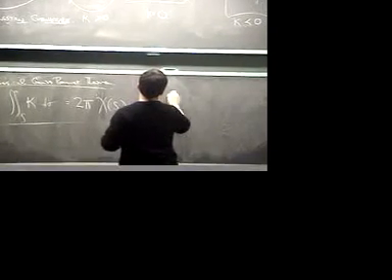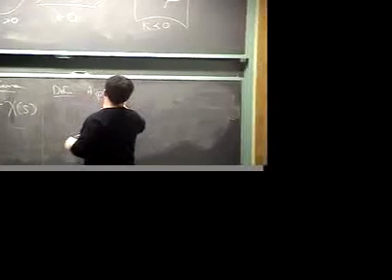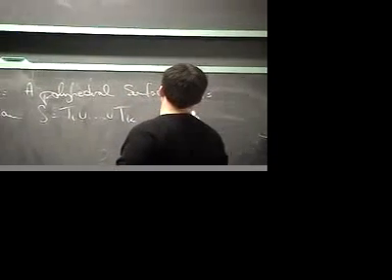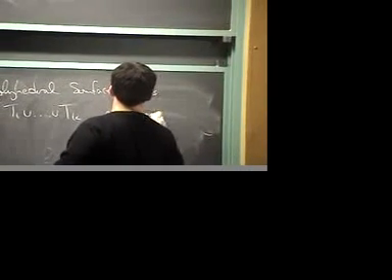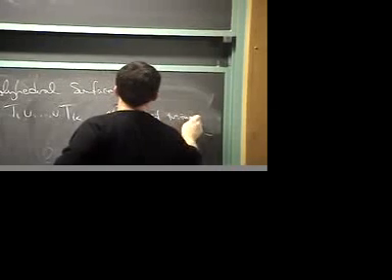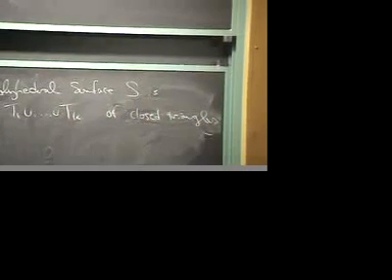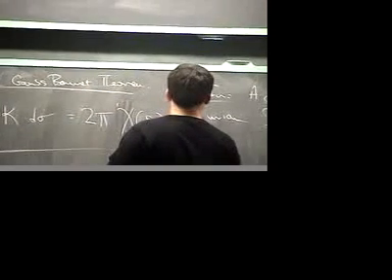The definition: a polyhedral surface S is a union, S equals T_1 through T_k, of closed triangles glued along their edges, satisfying the following.